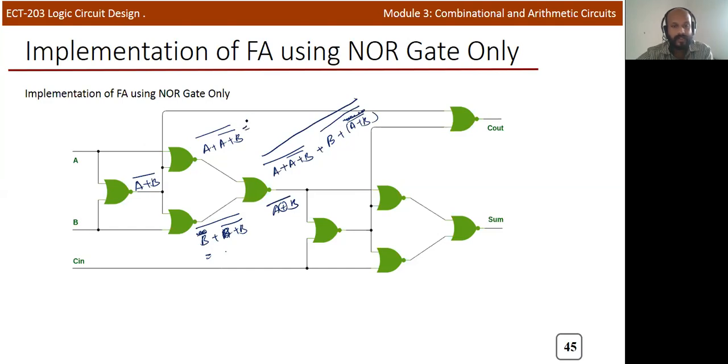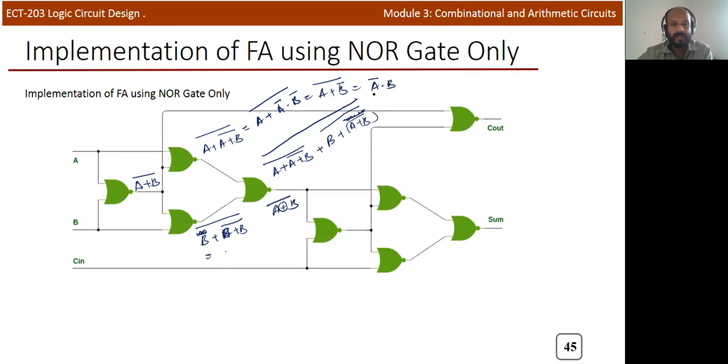We can try on this. If you write like this, it becomes a bar into b bar. Okay, the whole bar. Okay, now by redundant rule, you can write it becomes a plus b the whole bar. Now we can apply De Morgan's theorem. So a bar into b.